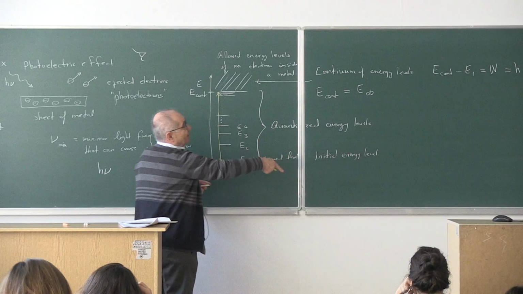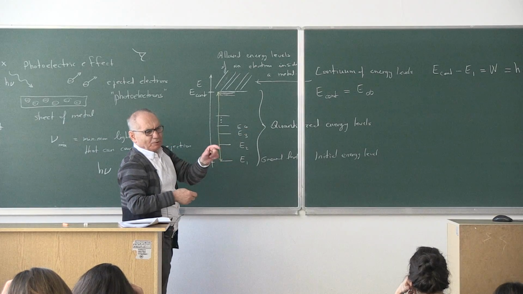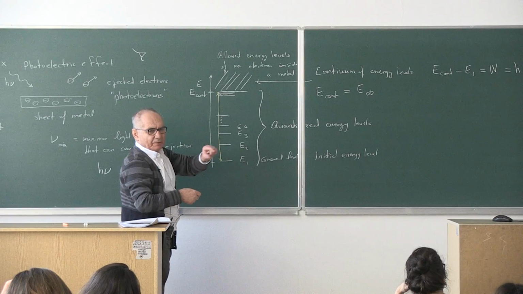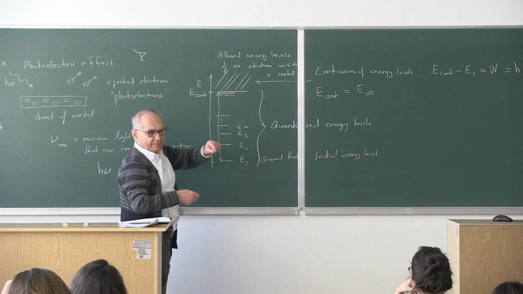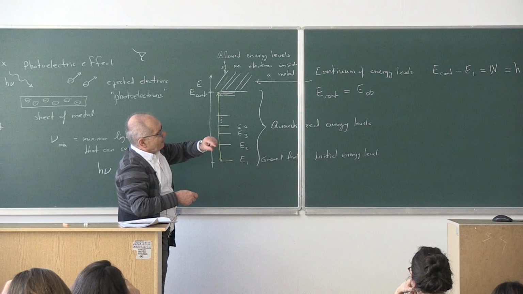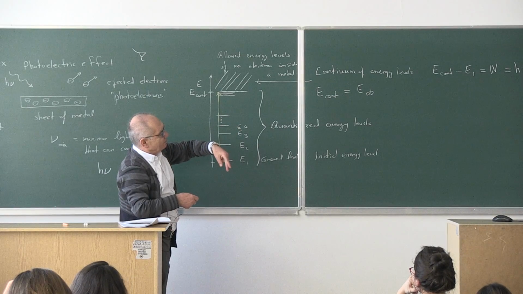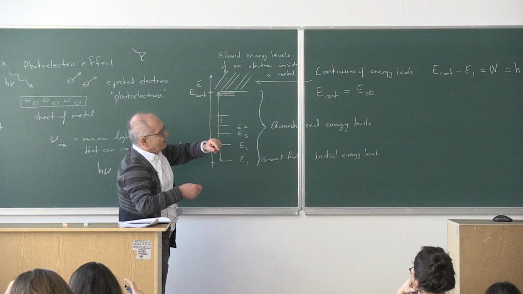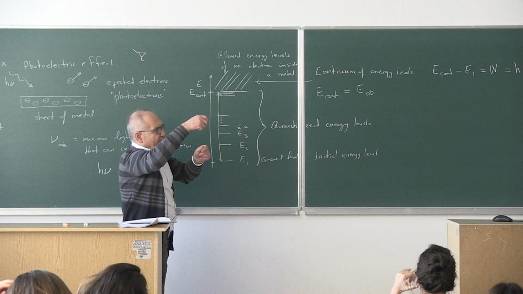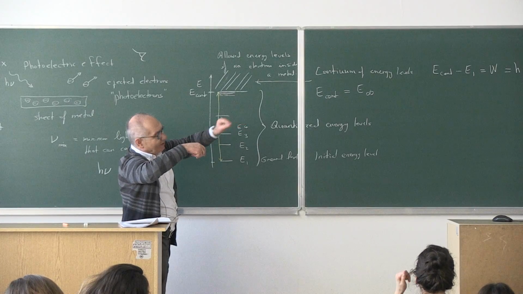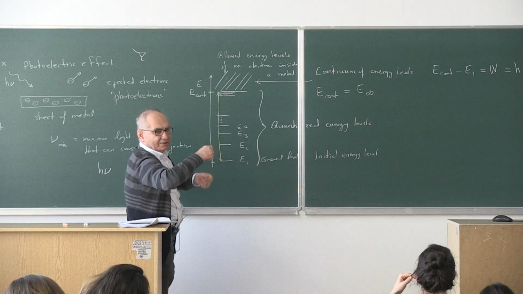If the frequency is larger, you see, photon energy is directly proportional to frequency. So larger frequency means larger photon energy. So if the energy is larger than the minimum energy which is needed to cause photoemission, then the extra energy, extra from that value, is used in speeding up the electron, so the electron gains kinetic energy.